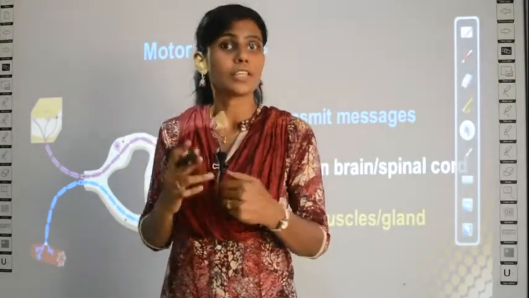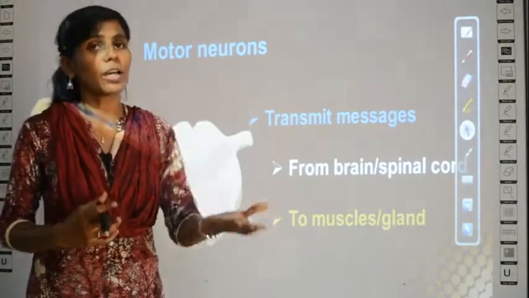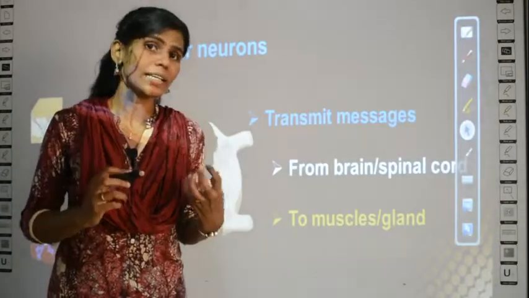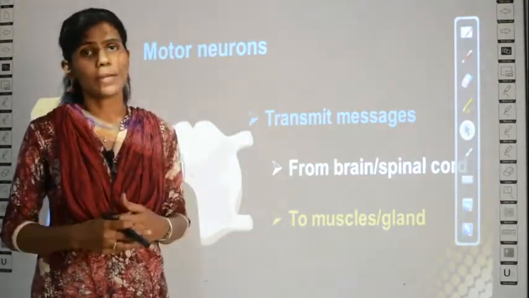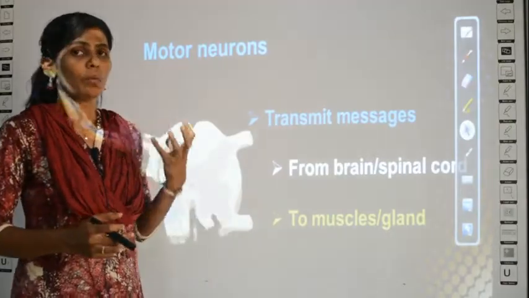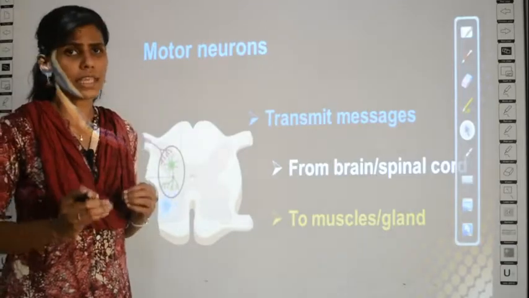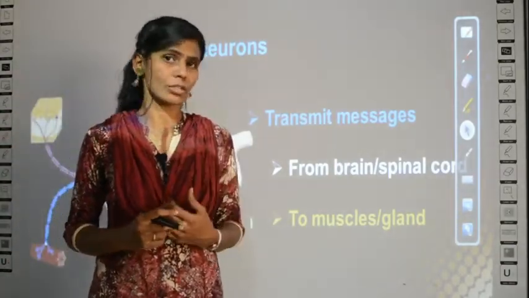Whenever the temperature outside is hot, your brain tells your sweat gland to produce more sweat. Clear? So, whatever happens in your body is because of the signals received from the brain by the muscles or glands of your body.